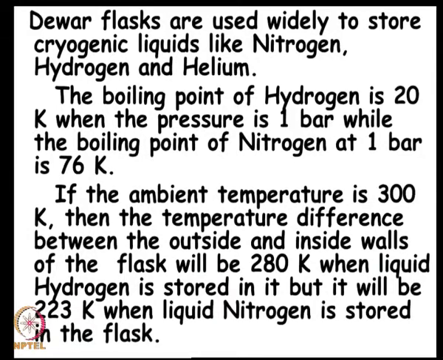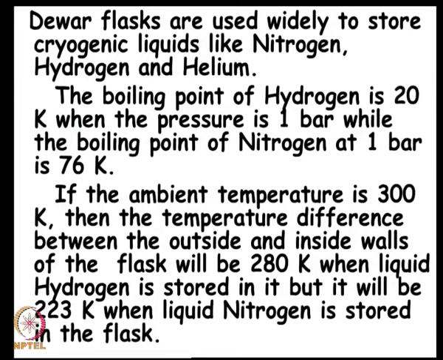So, just to recapitulate, Dewar flasks are used to store cryogenic fluids like nitrogen, hydrogen and helium. The boiling point of hydrogen is 20 degrees Kelvin when the pressure is 1 bar, while that of nitrogen is around 76 Kelvin.